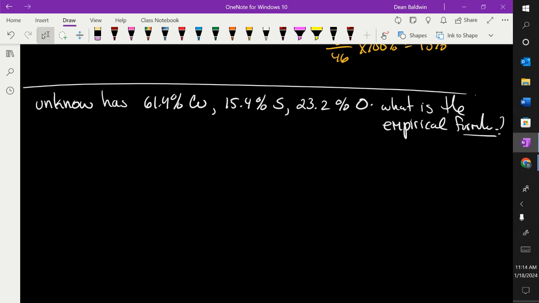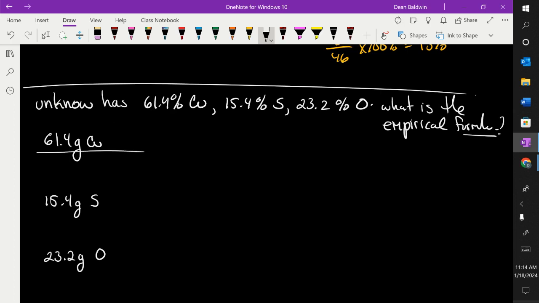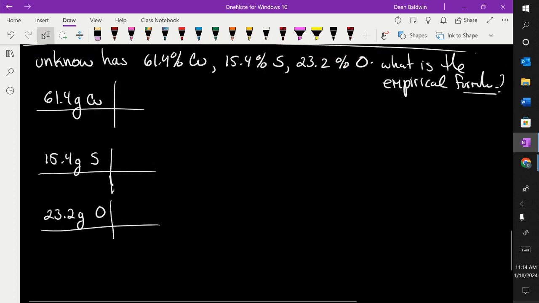So essentially, you're going to say you have 61.4 grams of copper, and 15.4 grams of sulfur, and 23 grams of oxygen. But because this is chemistry, we don't want grams. We want moles. So then you multiply by the molar mass.